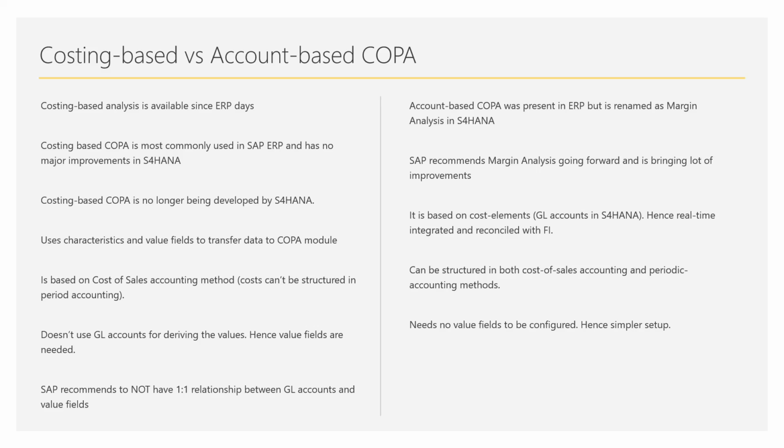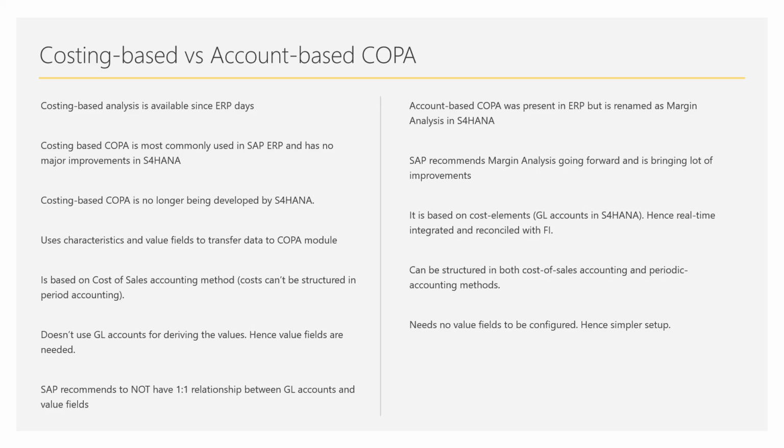Obviously, when we are trying to fetch values, we always want to see my total profit, my profit margins and all. In order to arrive at profit margins, I need MRP or GSV, discounts, taxes, etc. So, all these are value fields. If I am using costing based COPA, I need to define various value fields which will fetch the values from the sales document condition type.